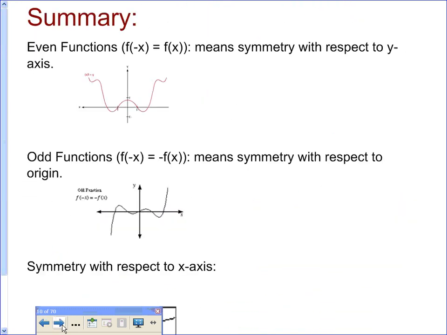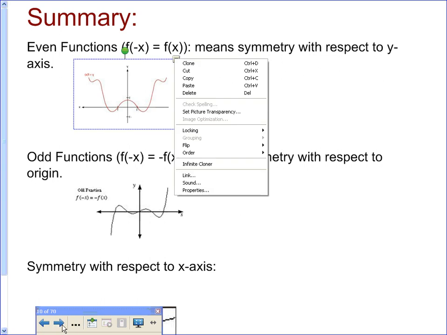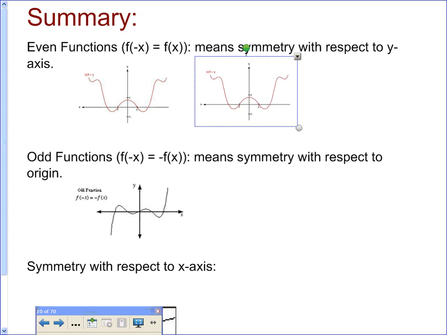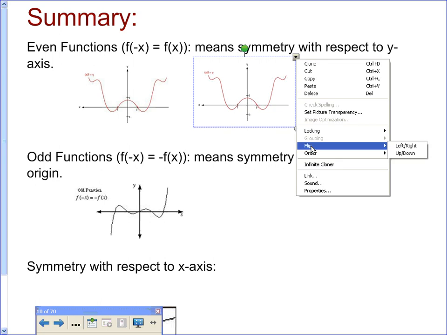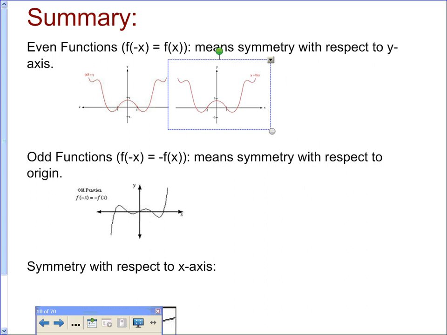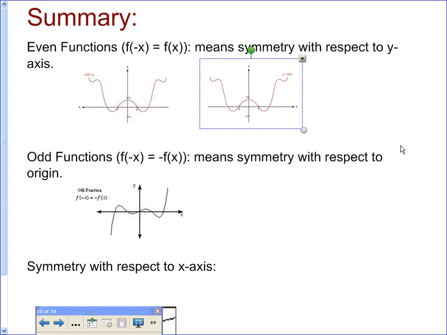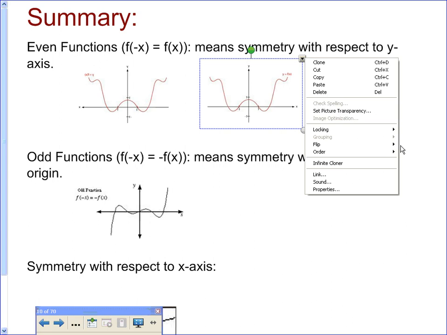Okay, now let's summarize this. An even function is a function where if you plug in negative x, then you're going to get that same function back. And that means symmetry with respect to the y-axis. Here I have a visual example for you. If I were to clone this, and flip this over left-right, so that's over my y-axis, then you notice I get the same back.